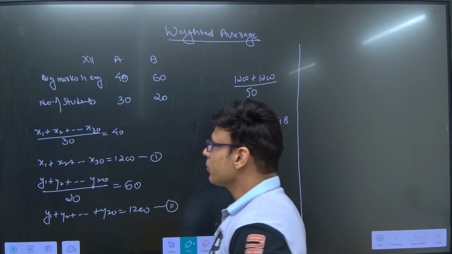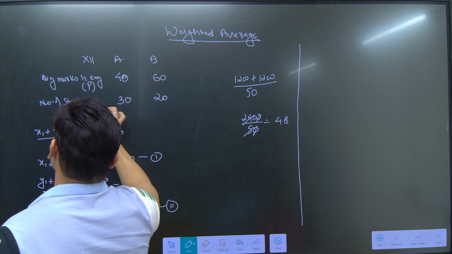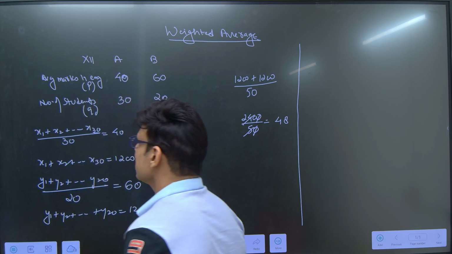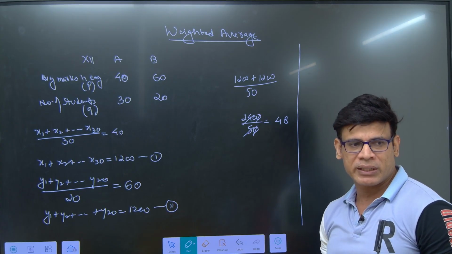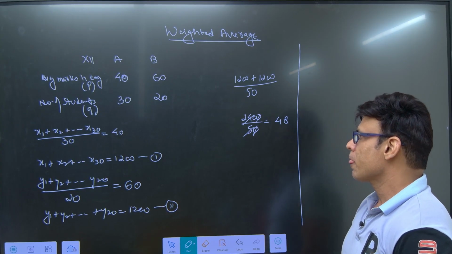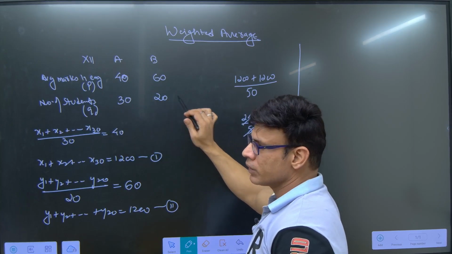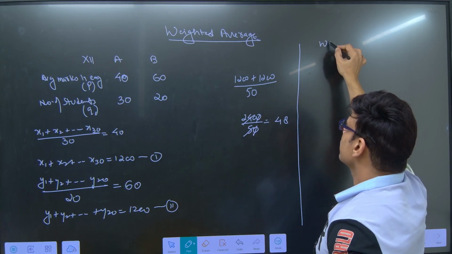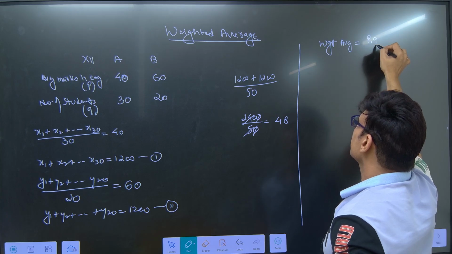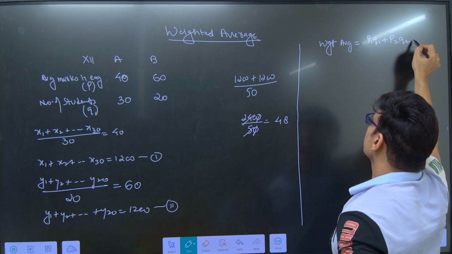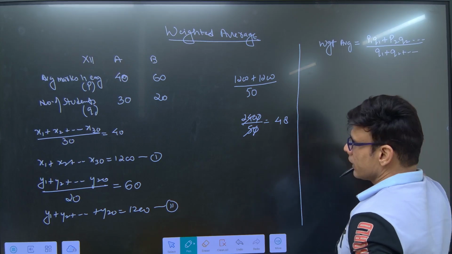Second is, you can directly remember the formula. All the values under this are denoted by P, and this is denoted by Q. See, I'm just taking some reference P and Q. You can take N1 and N2, K and M, something. And all the values under P are called P1, P2, P3. Under Q, Q1, Q2, Q3. So you can also obtain this weighted average by using formula P1Q1 plus P2Q2 and so on, divided by Q1 plus Q2 and so on, right?